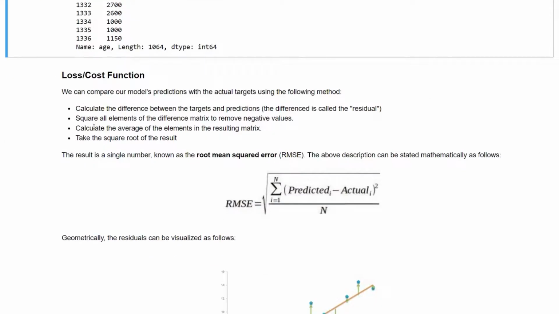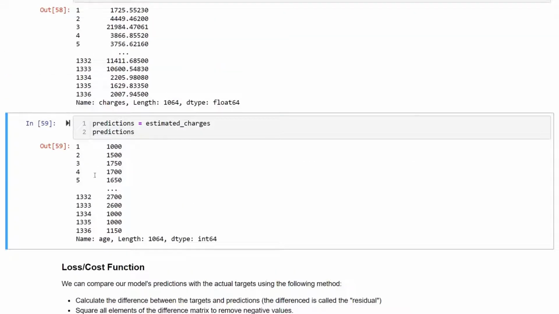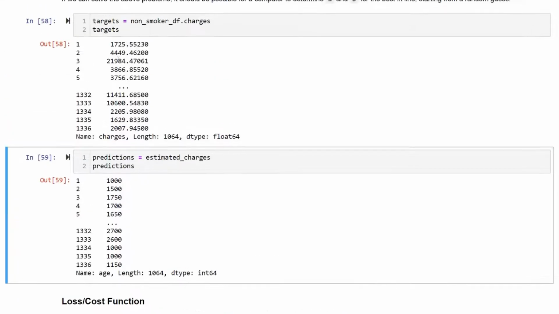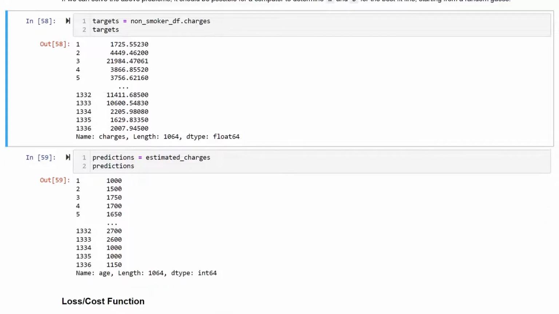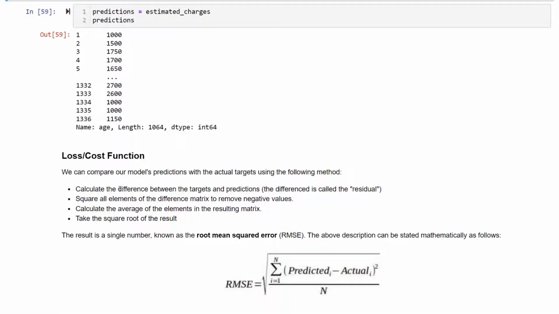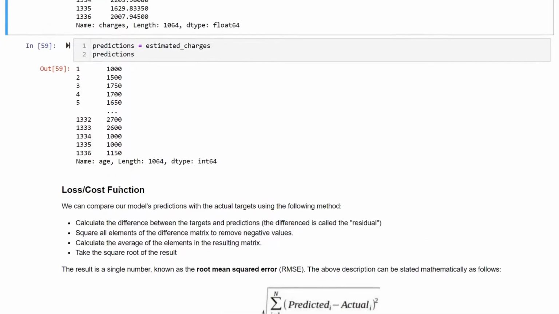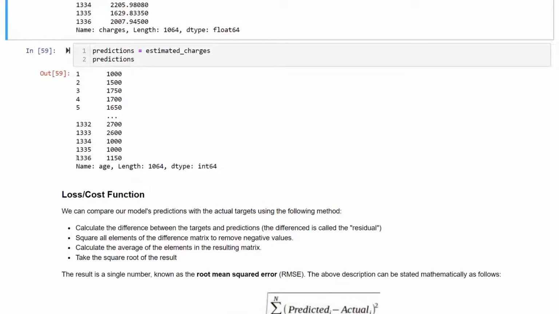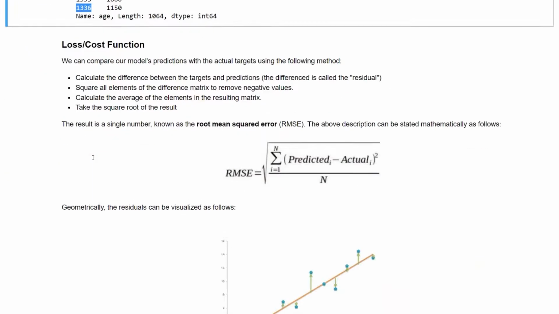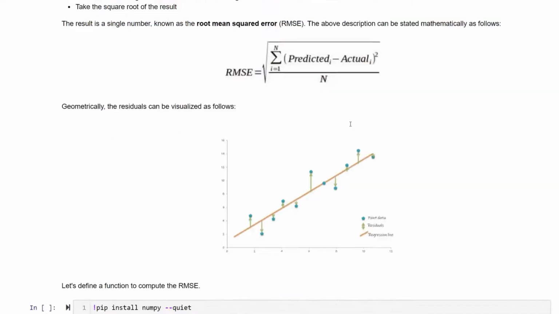This function is called the root mean square error. Mathematically, it is the sum of the predicted minus actual, whole squared, divided by n, the number of data points, 1336, all under a root. Okay, this shows the root mean square error.